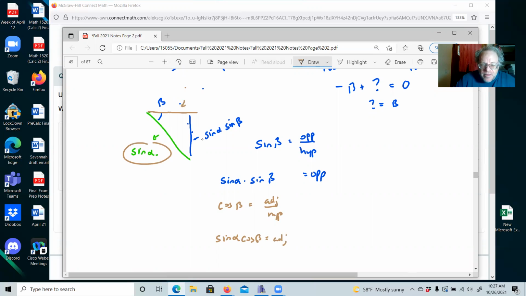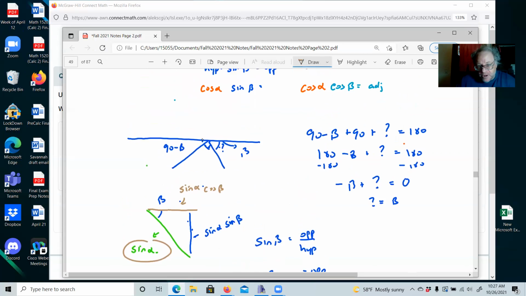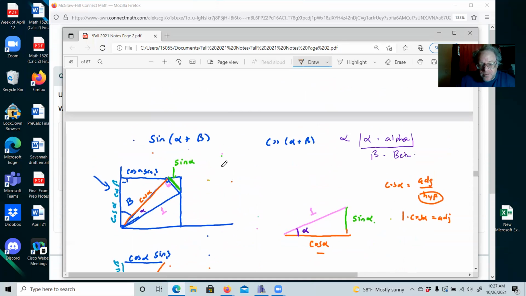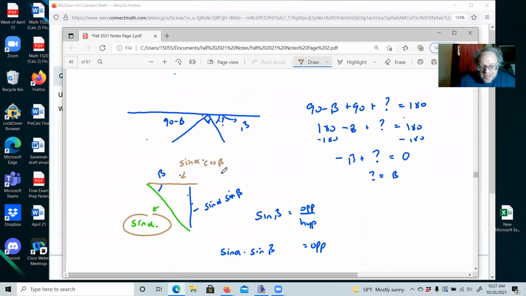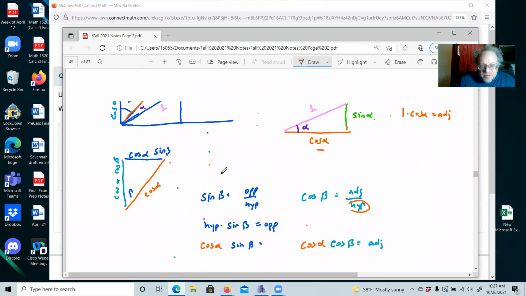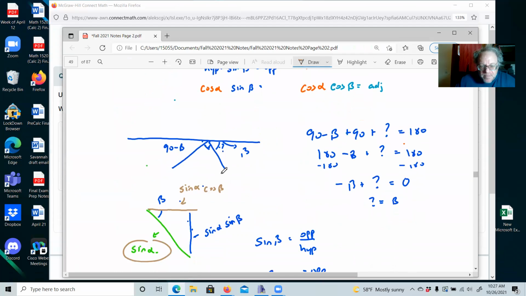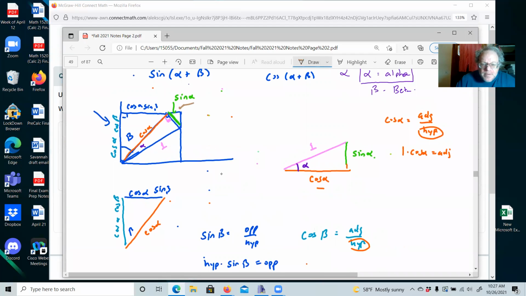So this length is sine alpha cosine beta. Now you know why we did the close-up, because I wrote this in a way that's confusing. This was sine alpha cosine beta. So that's this little tip right here.